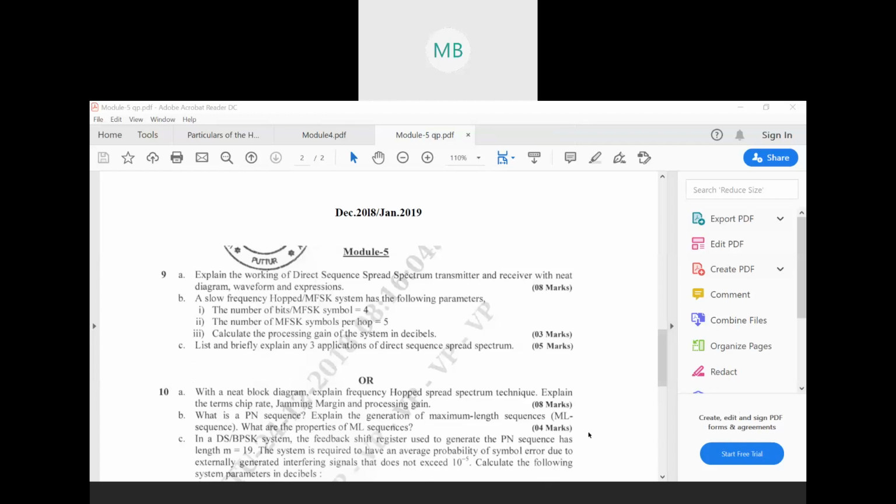Can anybody explain it? Shravya? Question is related to calculation of processing gain for a given slow frequency hopped MFSK system. Very simple problem. Only 2 steps are there.